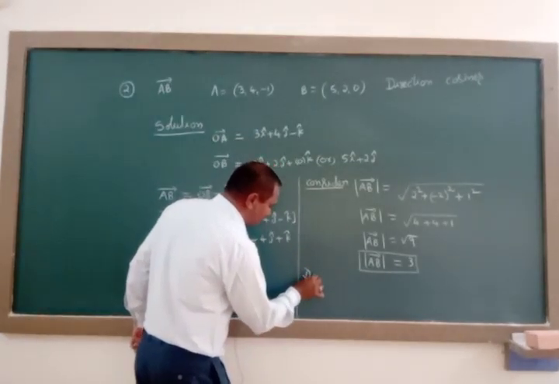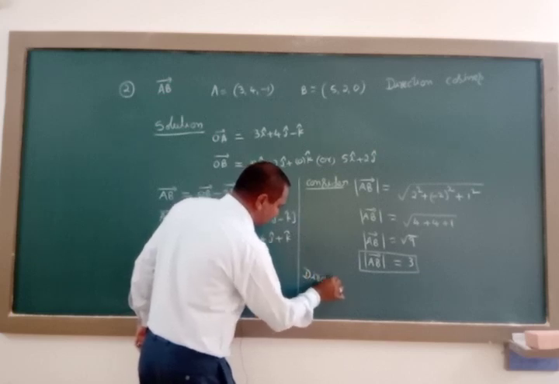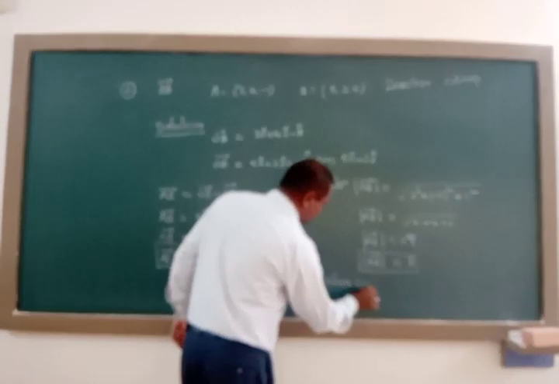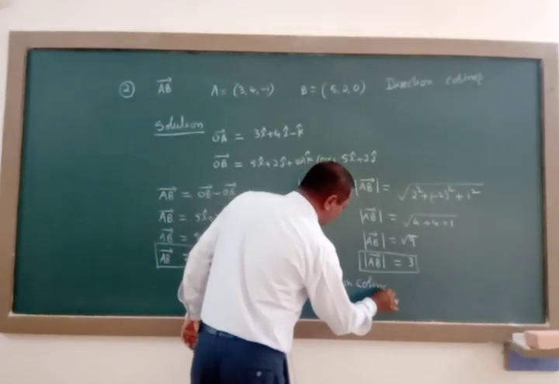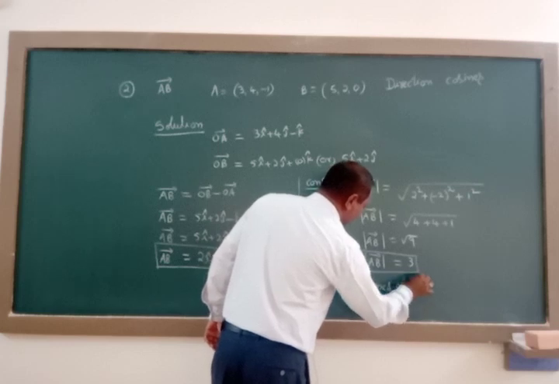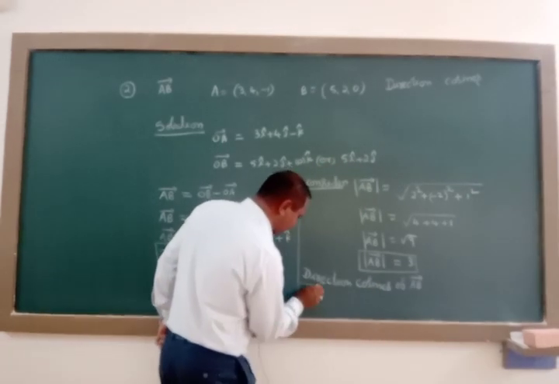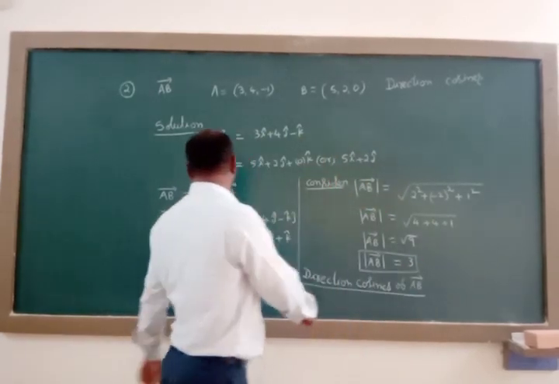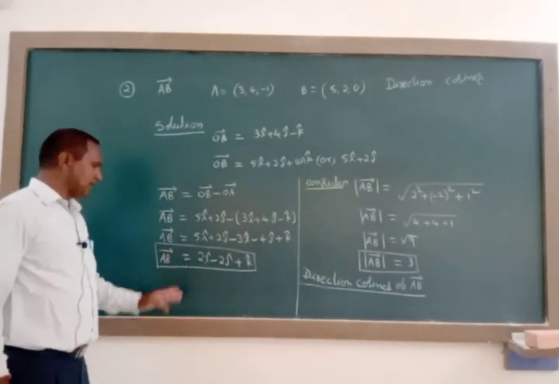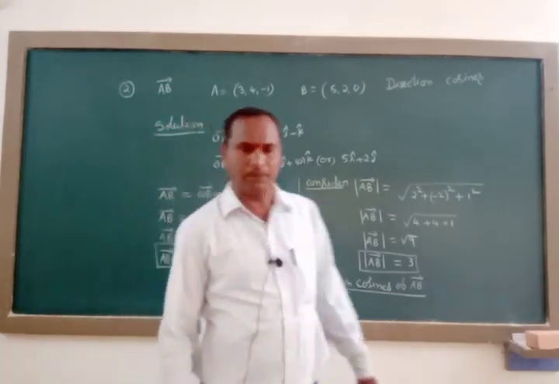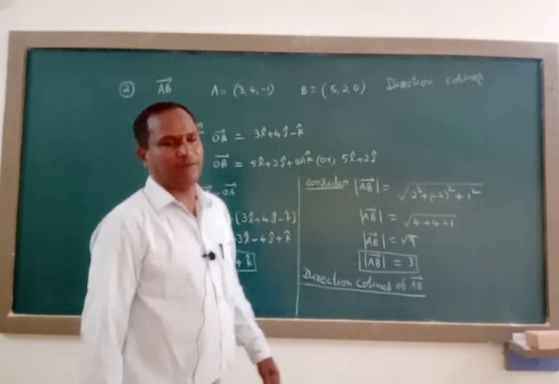Direction cosines of AB bar are equal to the coefficients of i cap, j cap and k cap from the given vector AB bar, each divided by the magnitude.